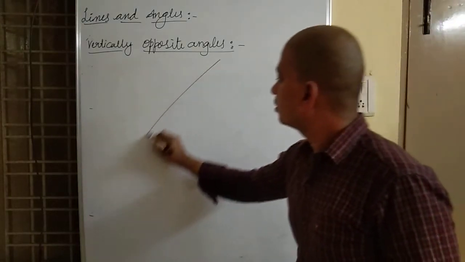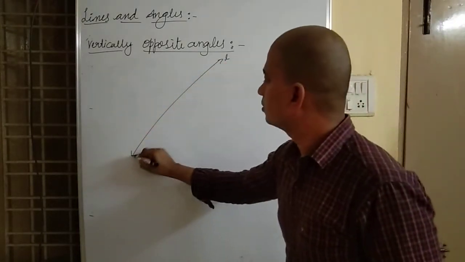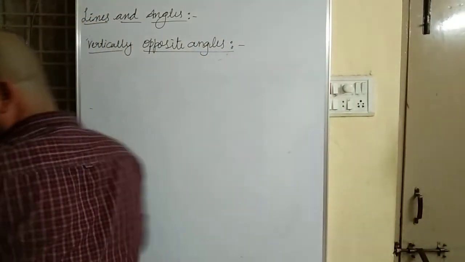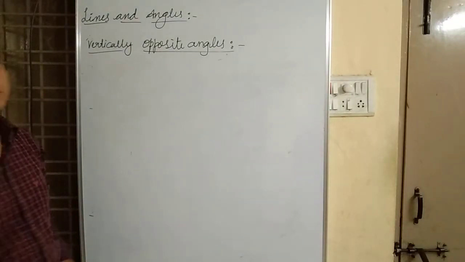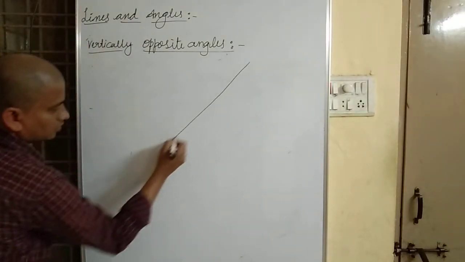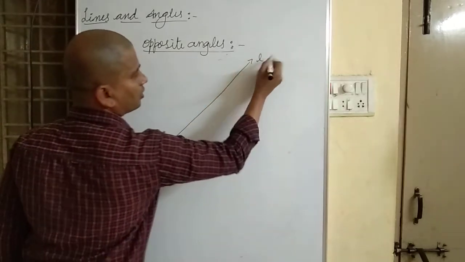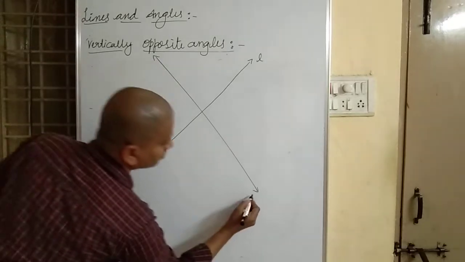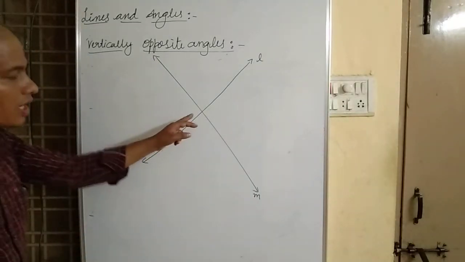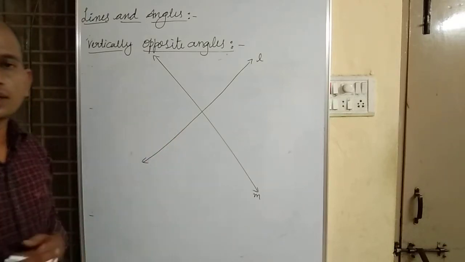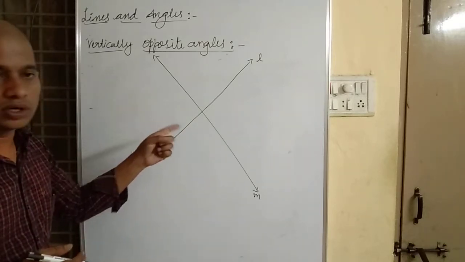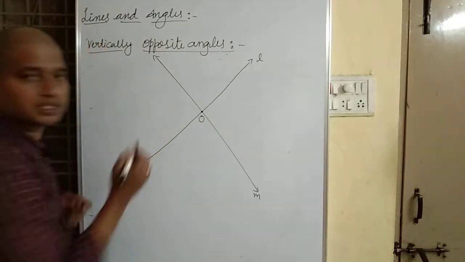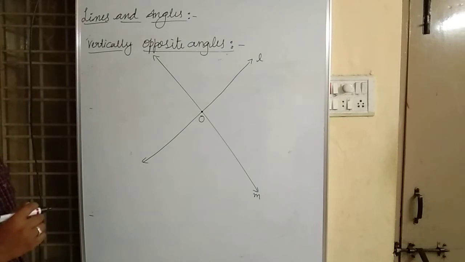See, this is line L and this is line M. These two are intersecting lines. These two lines are going to meet at this point. I can say it as O.